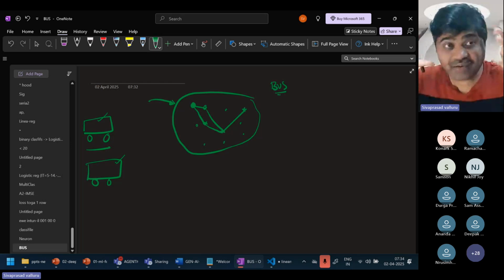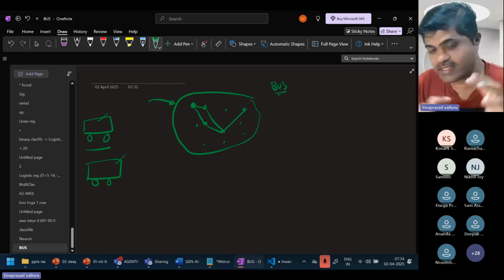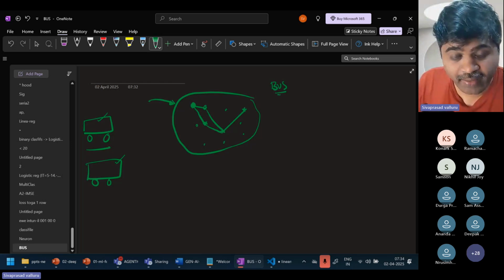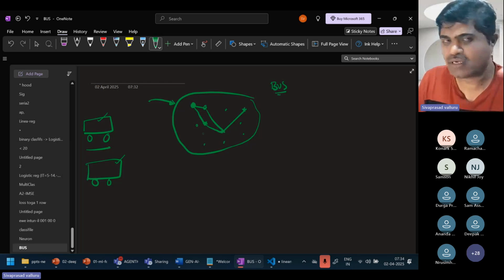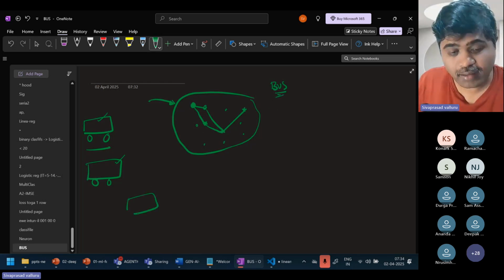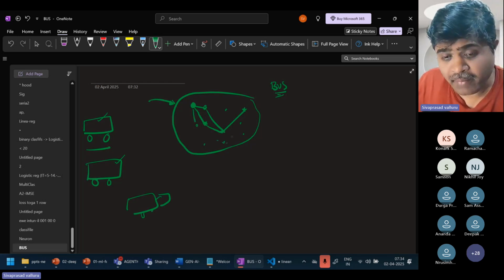So my brain is trained from my childhood. Our brains are trained with these signals so that if some neurons are getting connected, my brain will identify this is a bus. Maybe if I see a car, some other neurons will get connected in my brain.